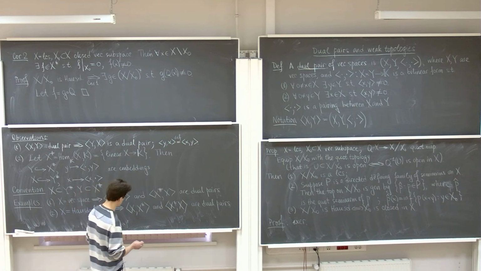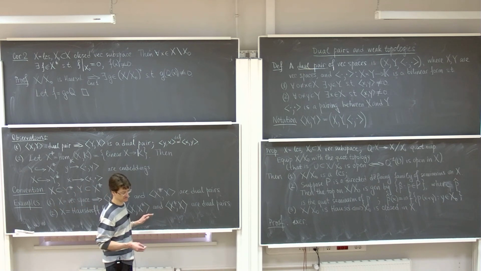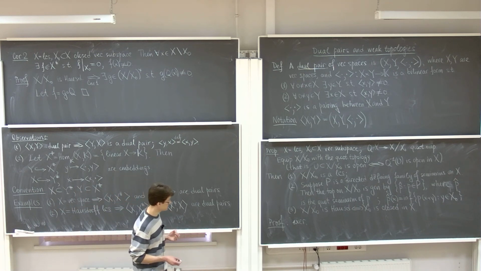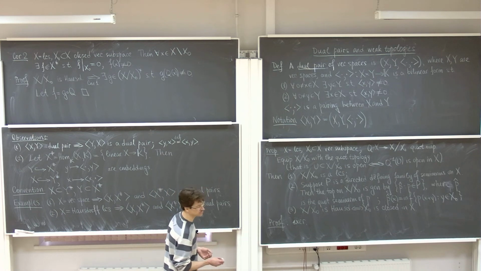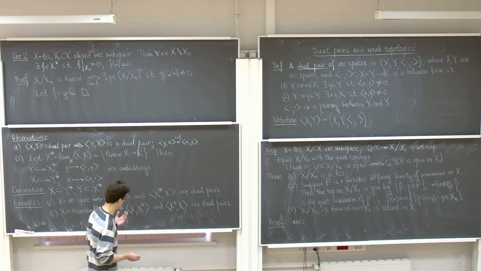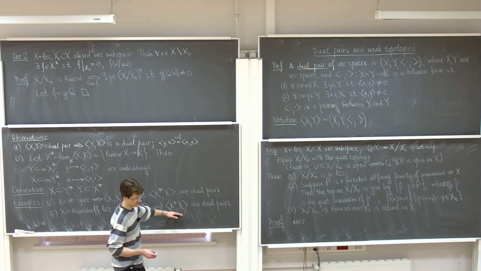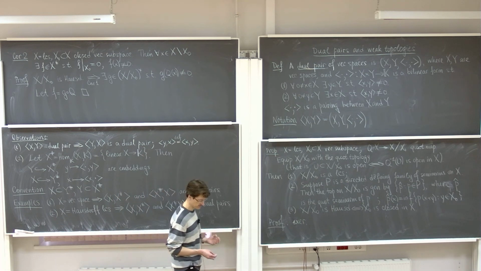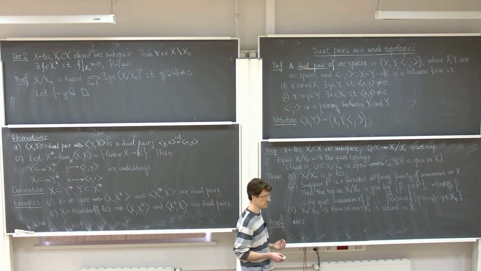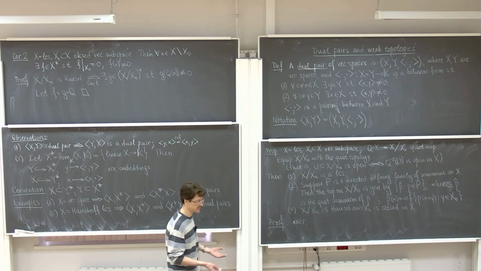In fact, these are our main examples. The main reason why we introduce the general notion of a dual pair is that we can apply it to this dual pair and to this dual pair. So the advantage of this notion is that if we prove some general result about arbitrary dual pairs, we immediately get two corollaries.